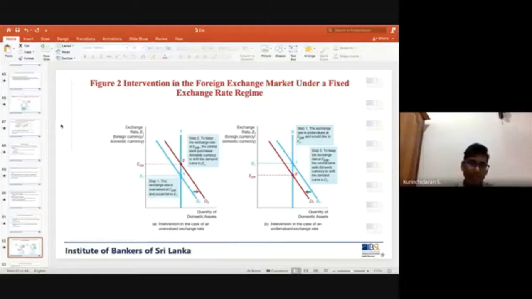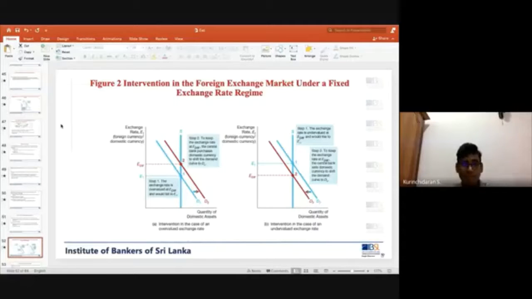Now look at this. The exchange rate is overvalued at E par and would fall to E1. So you just overvalued your currency and set it at E par. Now it will fall to E1. So what can we do?